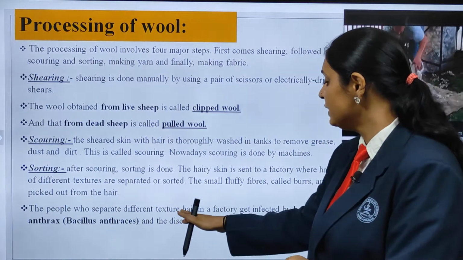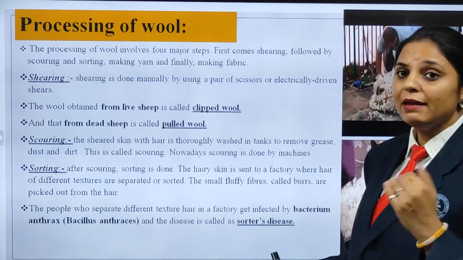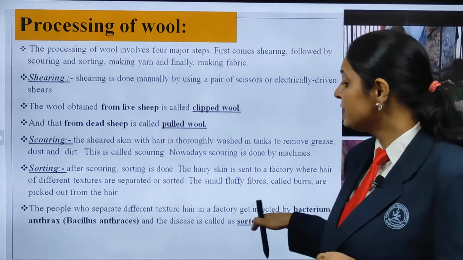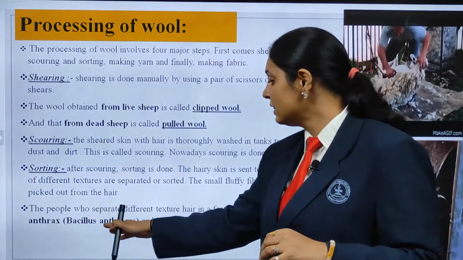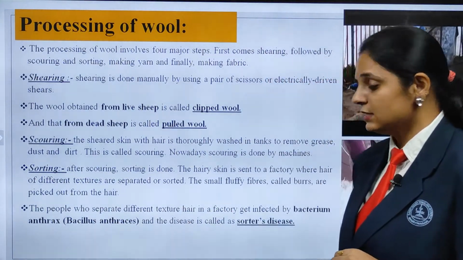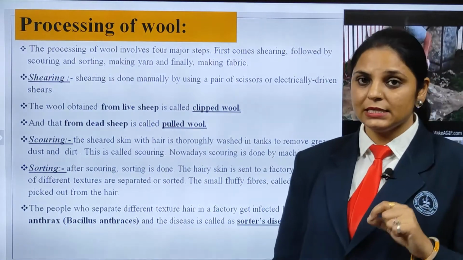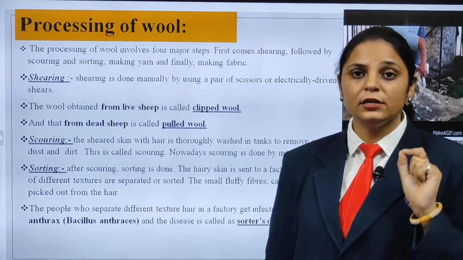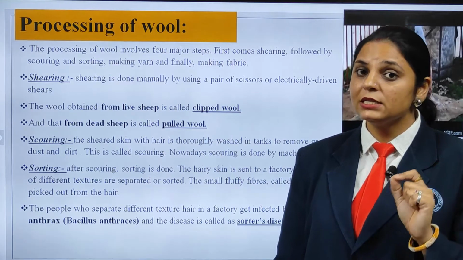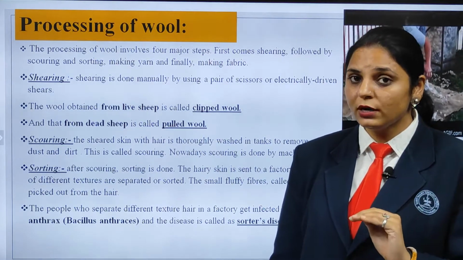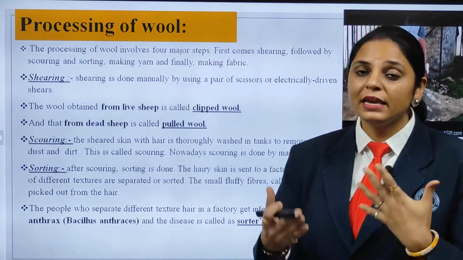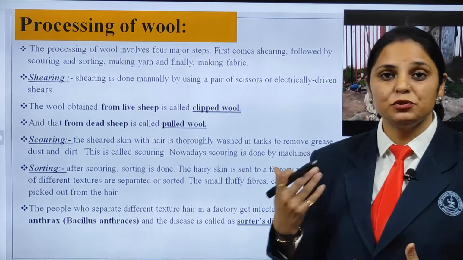The workers in the factory get infected with the bacterium anthrax, that is Bacillus anthracis. This is a bacteria and it causes a disease. The disease name is sorter's disease, because it is due to sorting, and they get infected and it gets into their lungs.